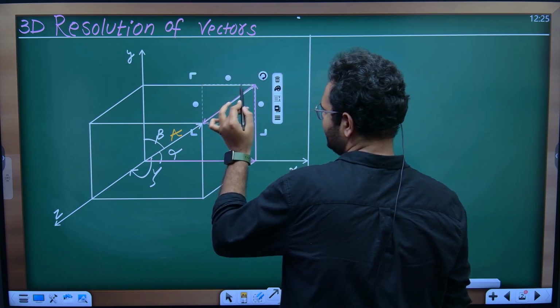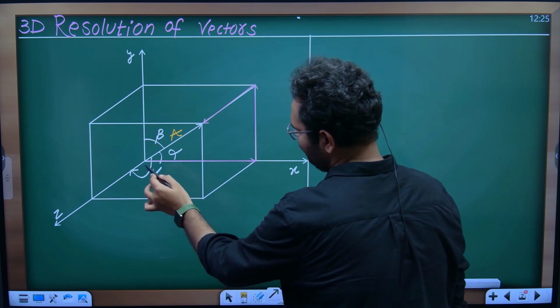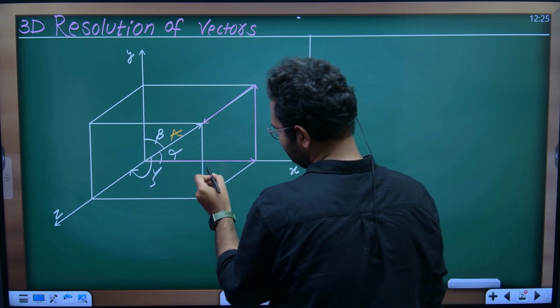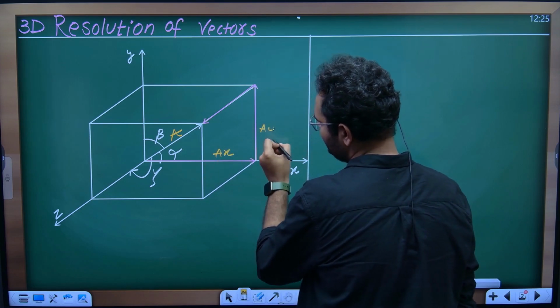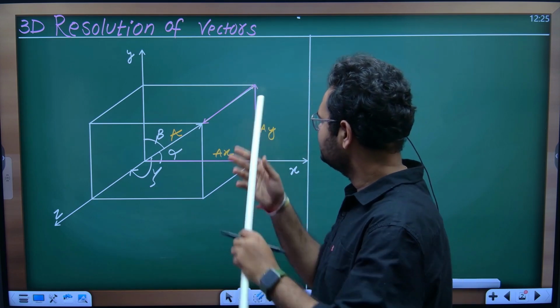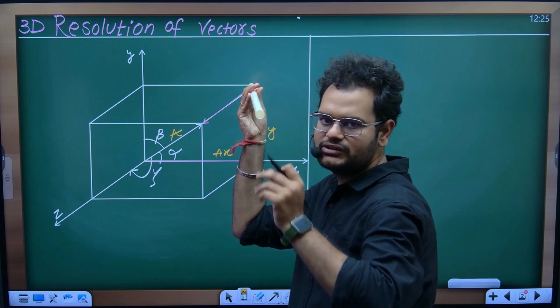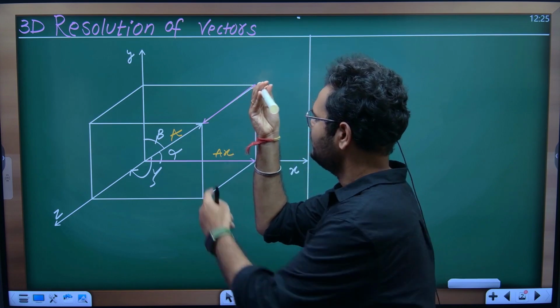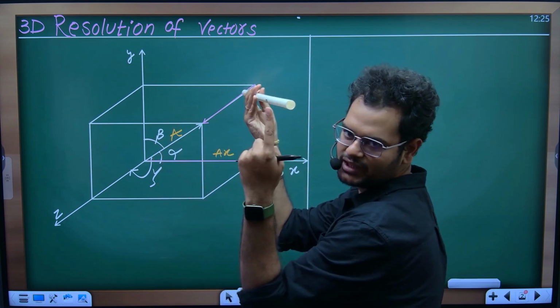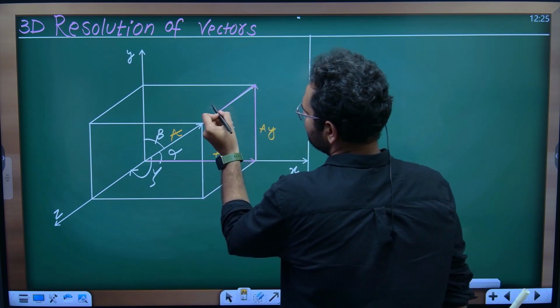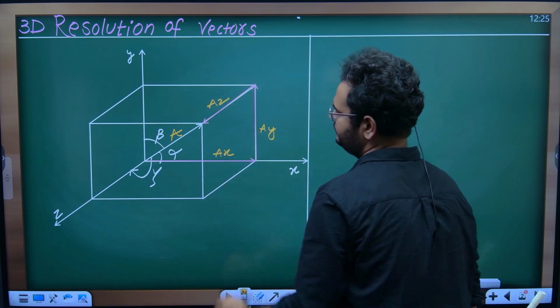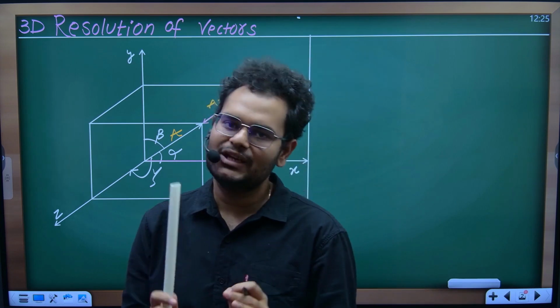Is our vector addition completed? One vector, second vector. This is my x component, this is my y component. And sir, I am not getting this. Actually, this is outside the plane of paper. Here is that vector which is joining x, y, and this is the z component. So this is my Az. These are the three components.